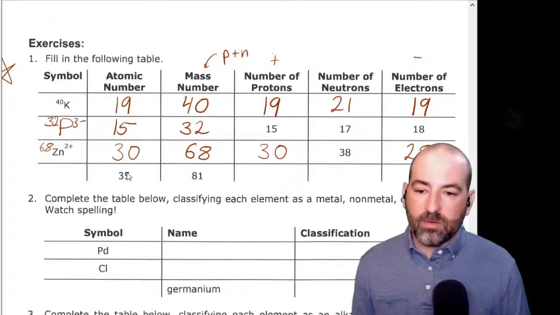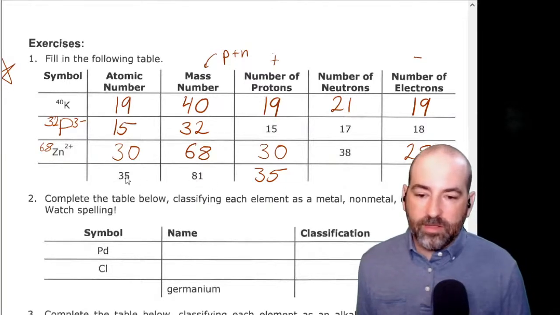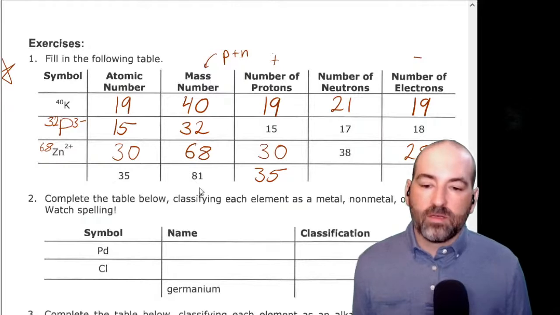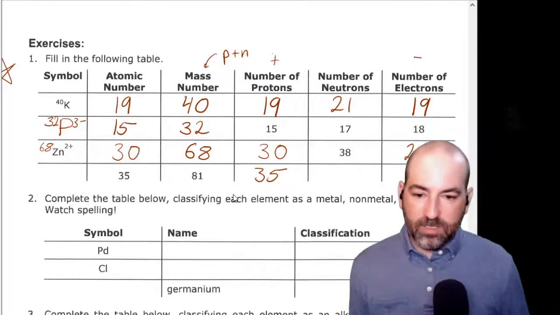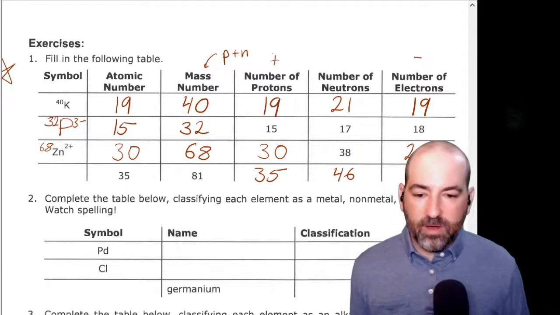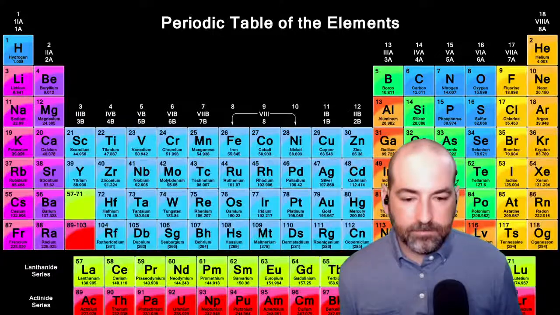All right, and then the final one, atomic number 35, tells us there are 35 protons. Mass number of 81, the difference between these two is going to be our number of neutrons. So 81 minus 35 is 46. We can look up number 35 on the periodic table, which is right here, bromine.